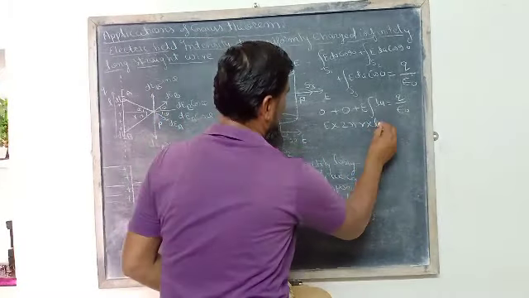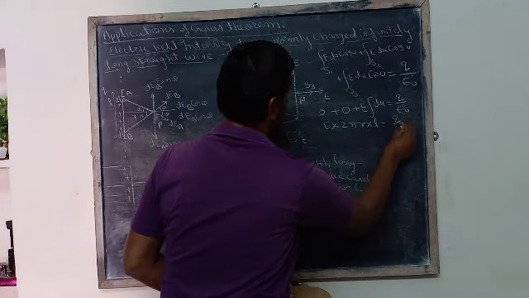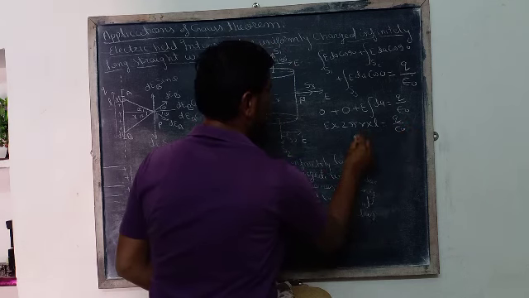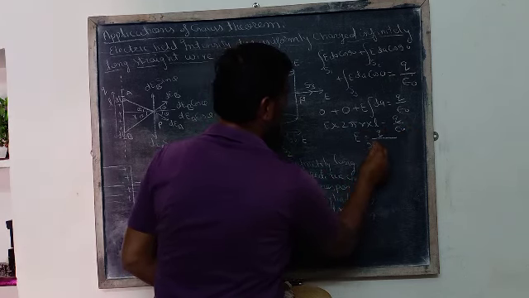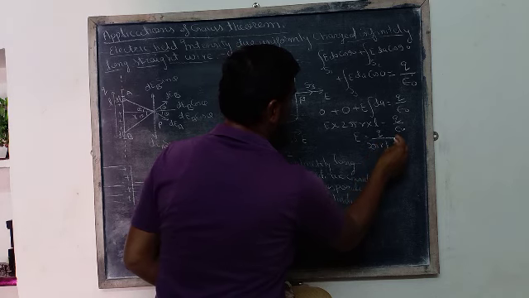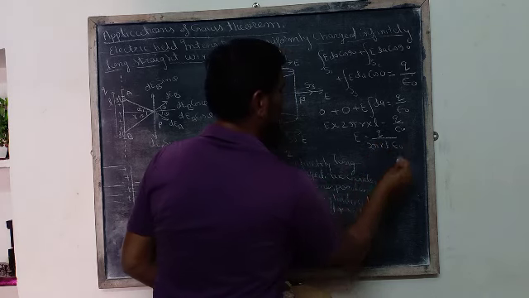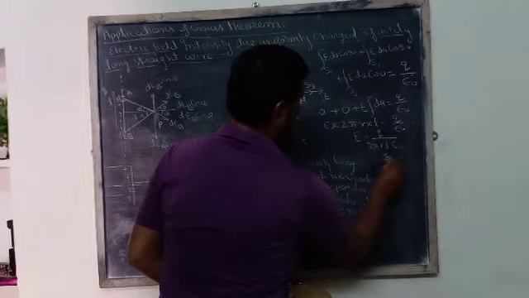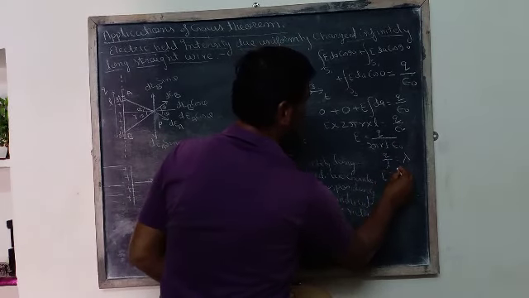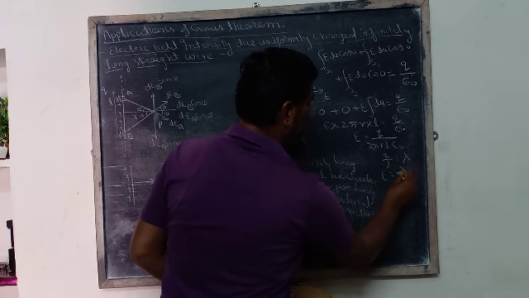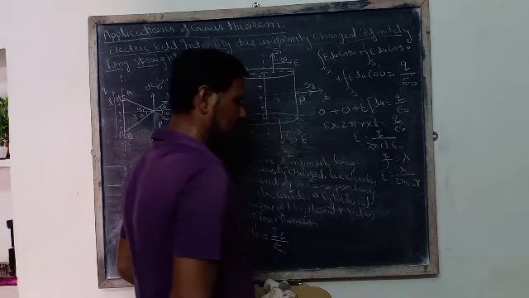So E times 2 pi r L equals Q upon epsilon naught, and E is equal to Q upon 2 pi r L epsilon naught. Q by L is lambda, so E is equal to lambda upon 2 pi epsilon naught R.